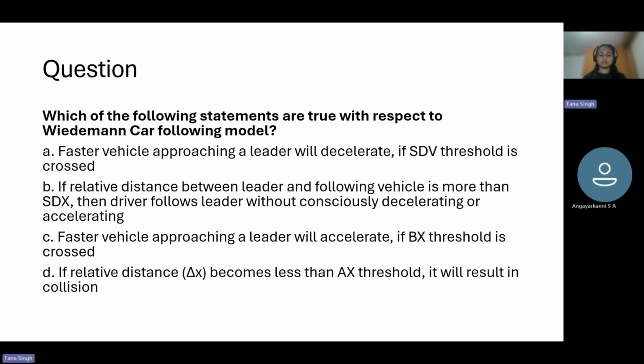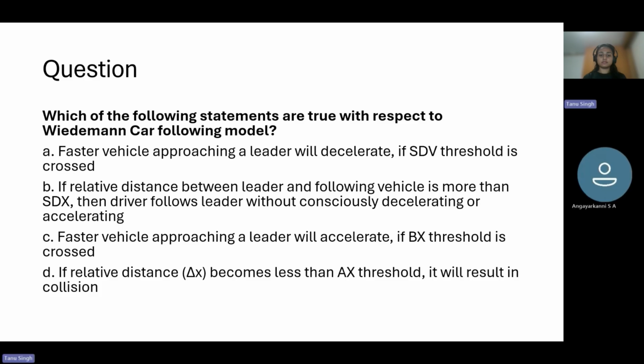So a faster vehicle approaching a leader will de-accelerate if the speed difference threshold is crossed, and if the relative distance between leader and following vehicle is more than SDX, the safety distance, then the driver follows the leader without consciously de-accelerating or accelerating.